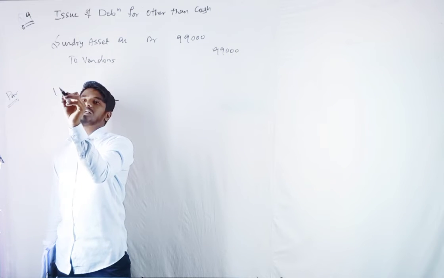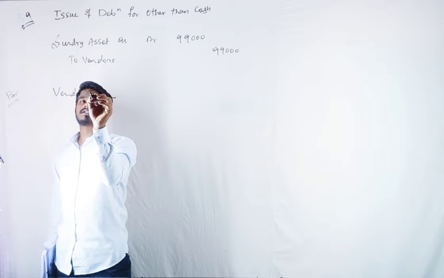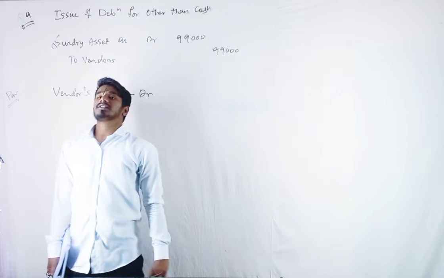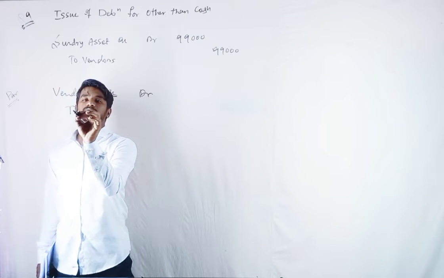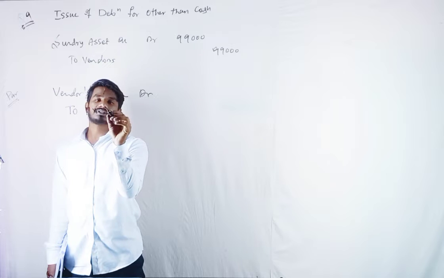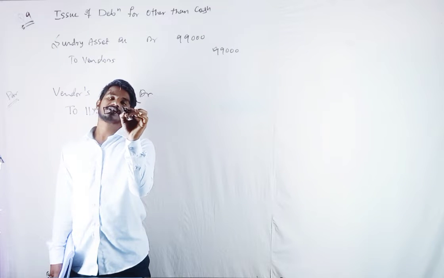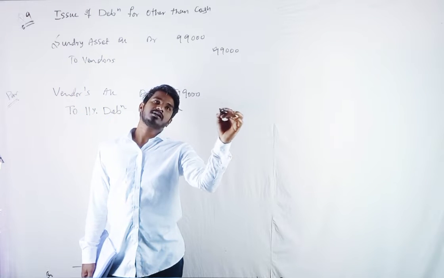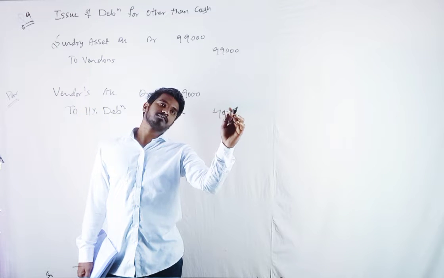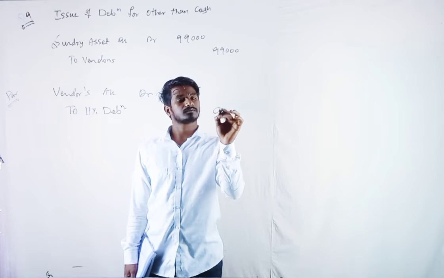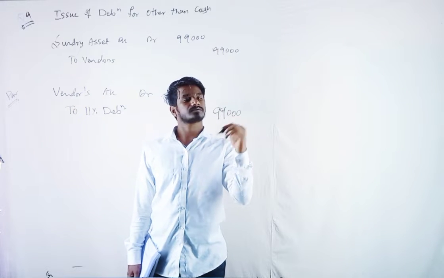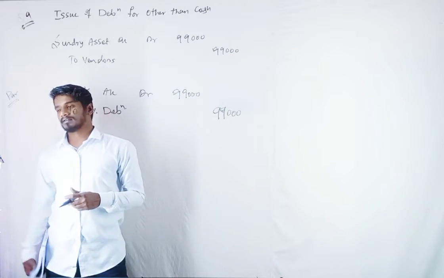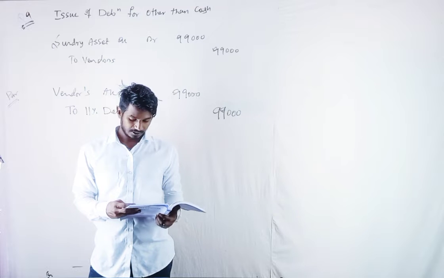Vendors account debit to 11% debentures, 99,000 at par. Then what they asked for premium. The second one is discount.